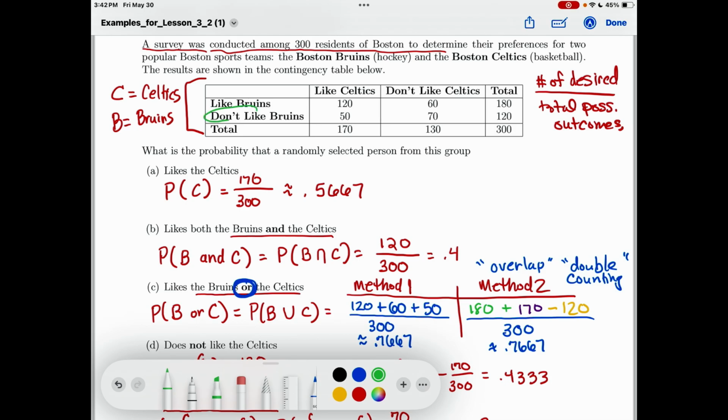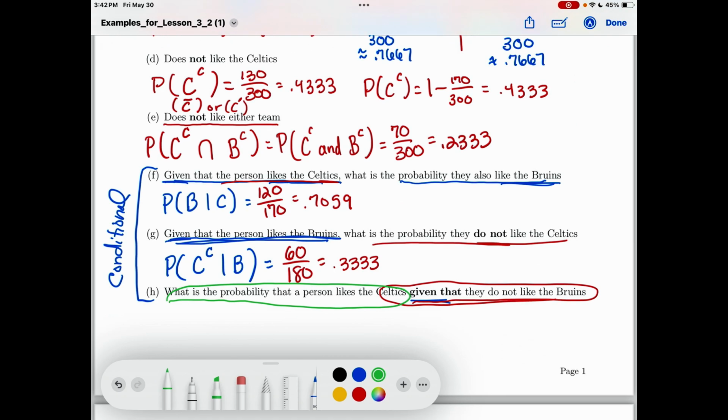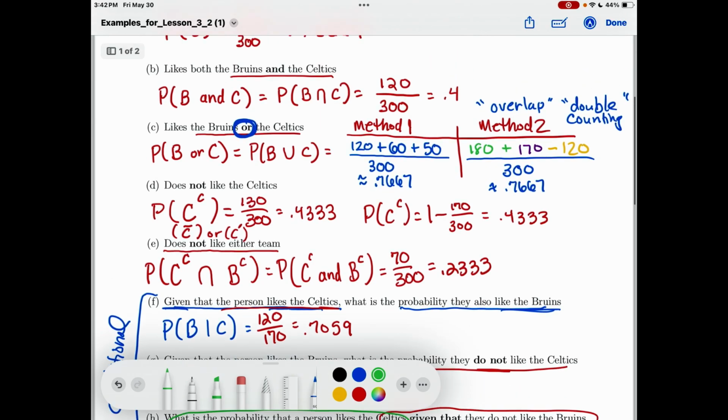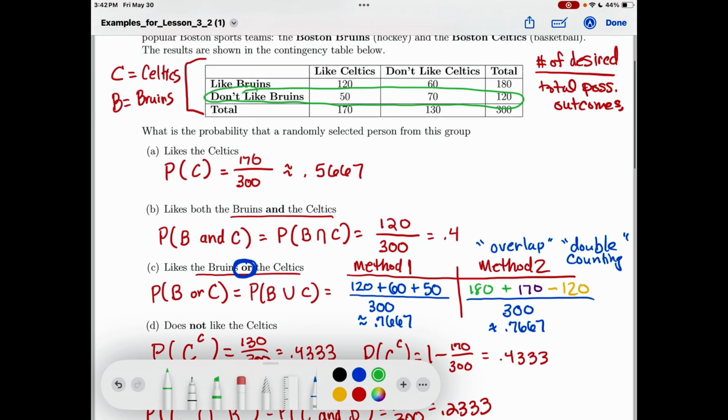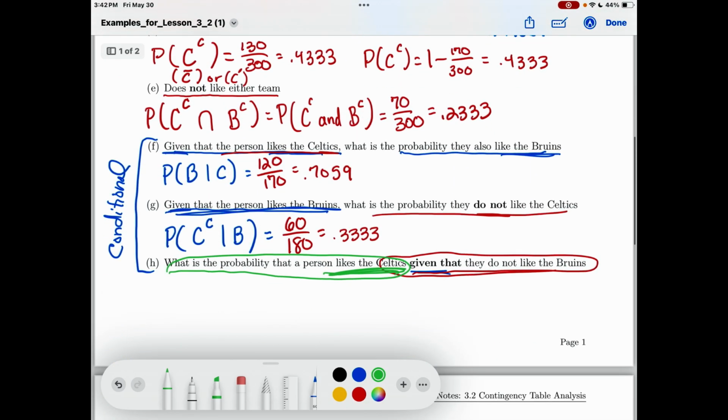Out of the people that do not like the Bruins, that's this group right here, we're finding the probability that the person likes the Celtics. The people that like the Celtics in the group that doesn't like the Bruins, that's 50 out of 120.